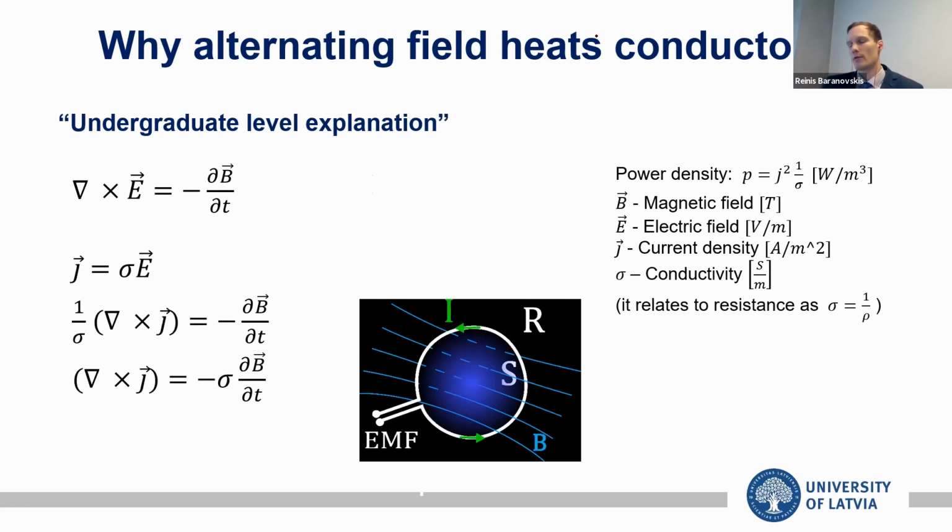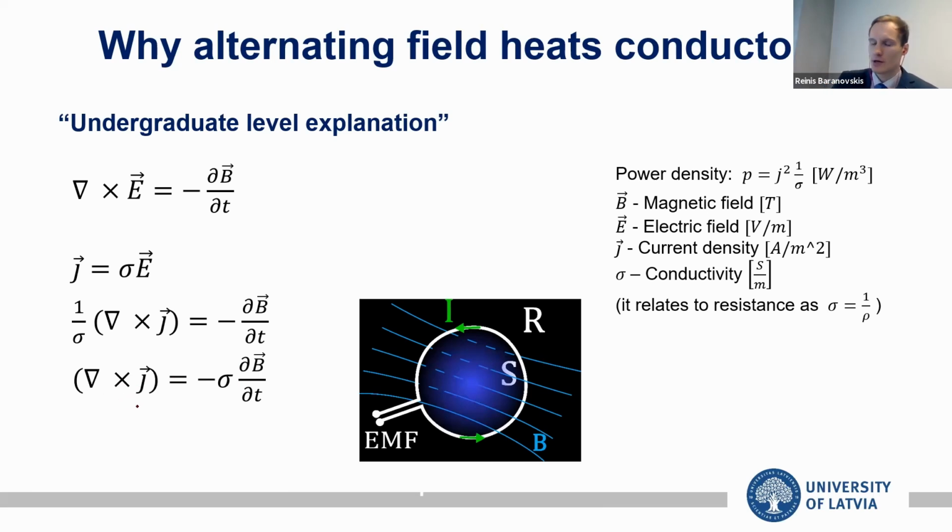The curl of the electric field equals the time derivative of the magnetic field with a minus sign. The minus sign is important there. So from there we can replace the electric field with current density, which is the electric field in a conductor with the said electrical properties. And from there we can connect that a changing magnetic field creates a current distribution.